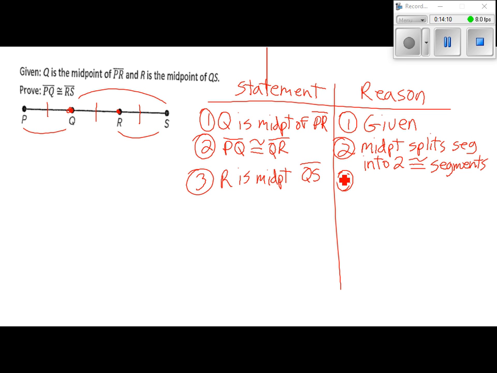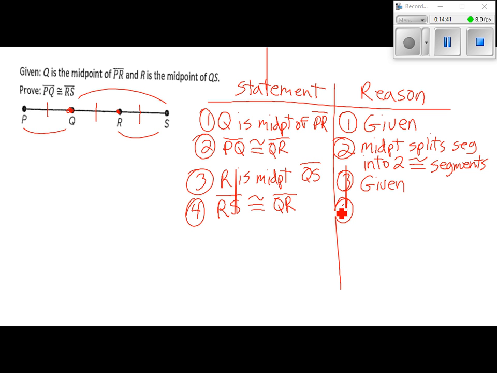How do we know R was a midpoint of segment QS? Given. So we could say that QR and RS, or RS is congruent to QR. How do we know that those two segments were congruent?